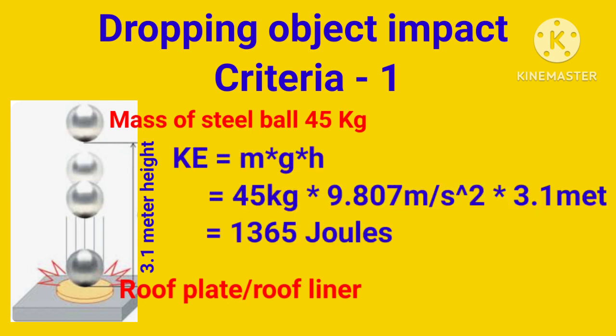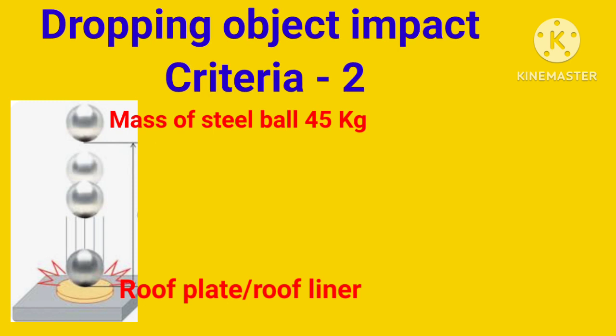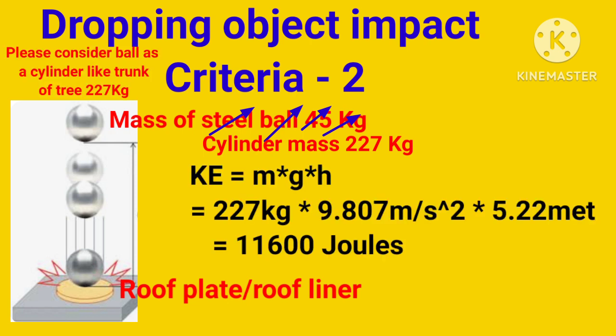Now we are going ahead to see the level 2 part. In level 2, protection against the impact of cylinder test objects, you can say the trunk of a tree, dropped from a height sufficient to develop an energy of 11,600 joules according to the ISO standard ISO 3449/2008.